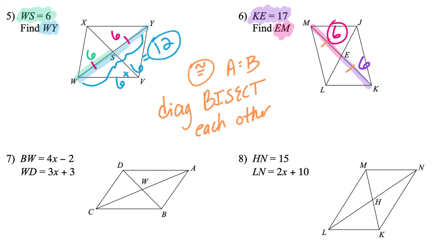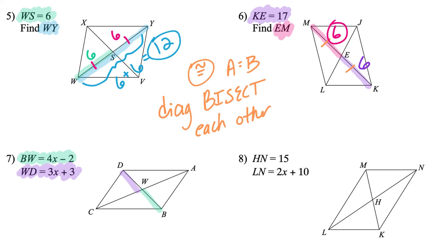These same rules will apply when we are solving for x and not just looking for a side length or a diagonal length. So BW, here I've highlighted it green, WD highlighted in purple.